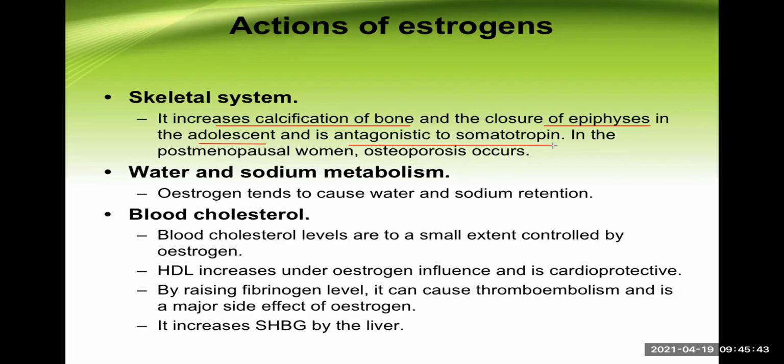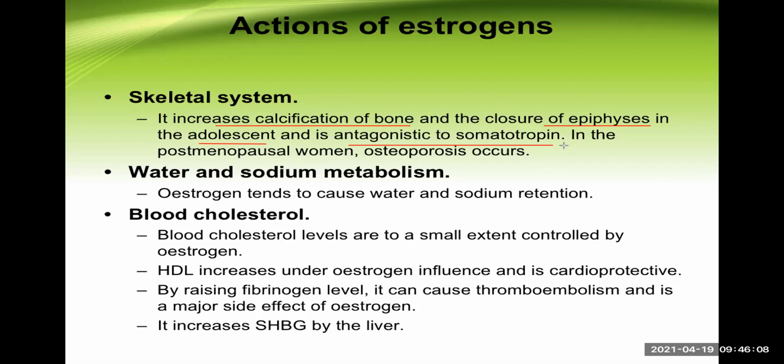Very good. So it leads to increased synthesis of substances inside the cell, or it leads to an increase in size of the cell, increase in size of the tissue. That is the action of somatotropin. Now see this, estrogen is antagonistic to somatotropin, especially in the skeletal system.